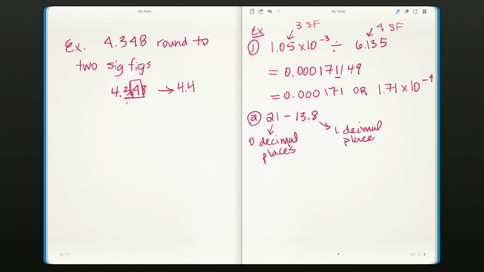Okay, so our number that is the least precise is 21. So our answer, if we do the math here, we would get 7.2. But since our 21 has no decimal places, our final answer should also have no decimal places. So you would round here to 7, and that would be your final answer with the proper sig figs.